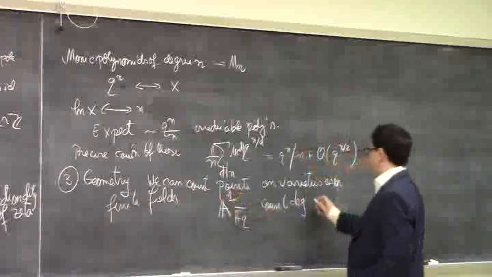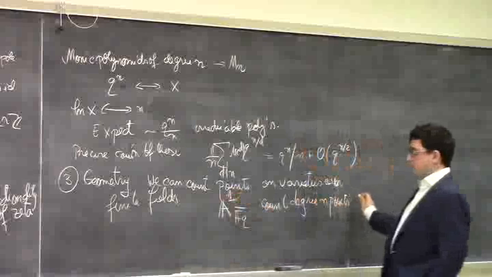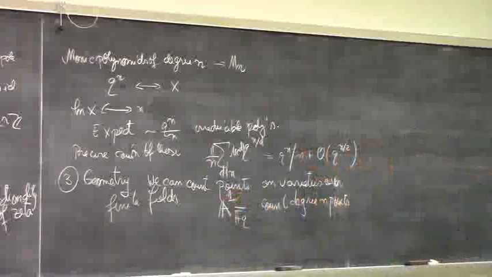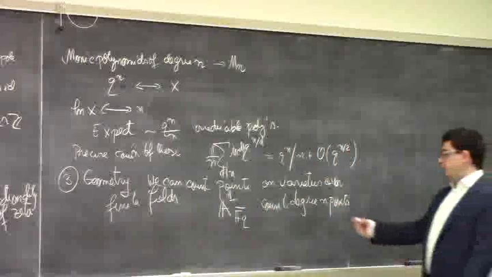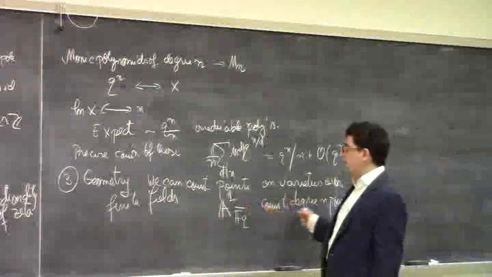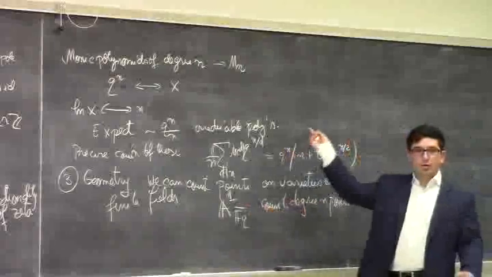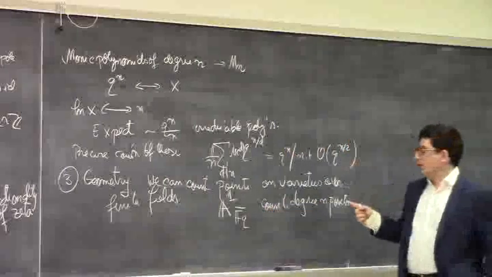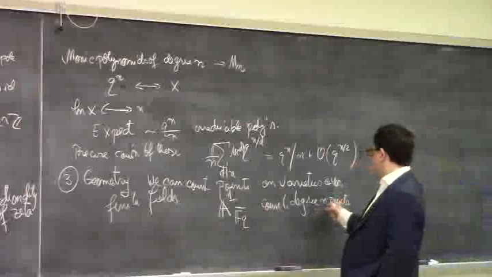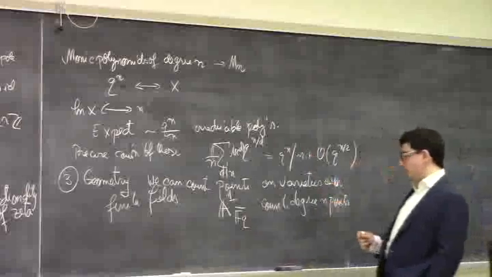So count degree n points on this affine line. So you want to be exact? Yeah, exactly. So there is exactly degree n points on this one here. If you count degree less or equal to n, then you end up with q to the n, because you're summing over all possible things. So if you do that, then you end up with q to the n. Okay.